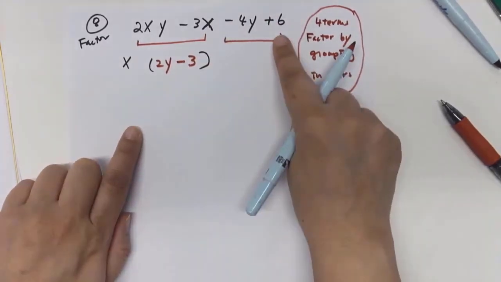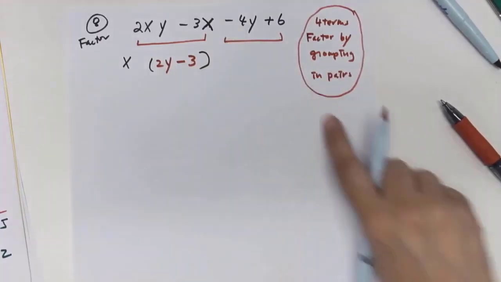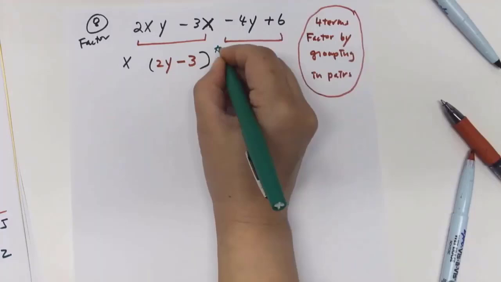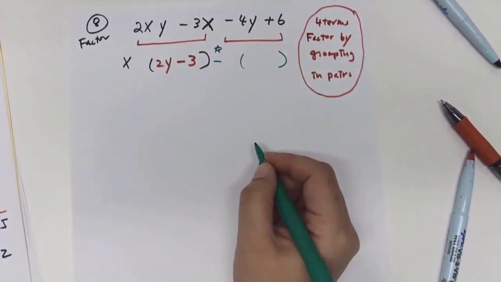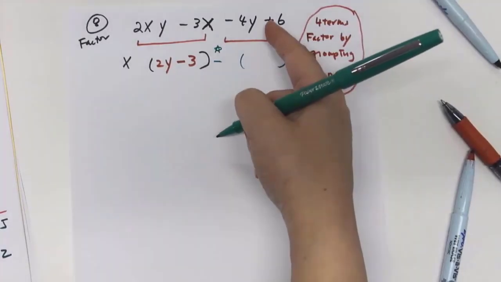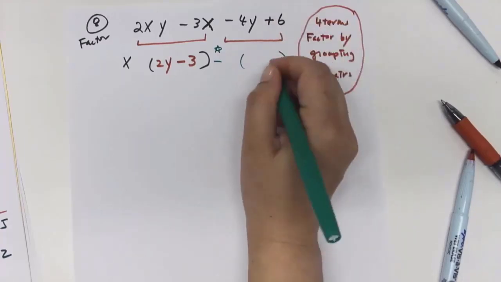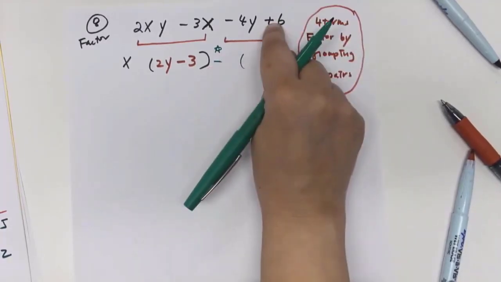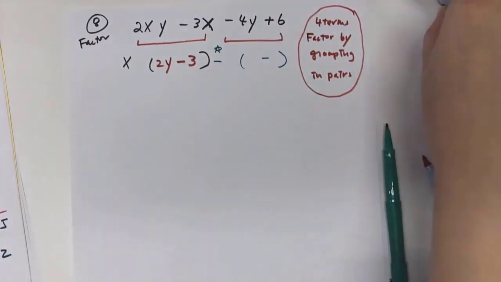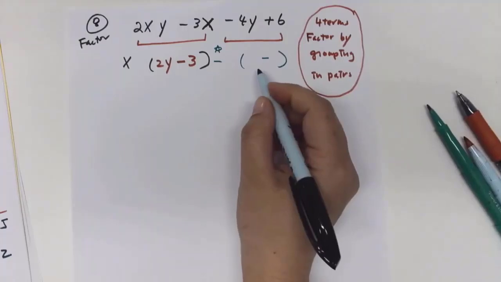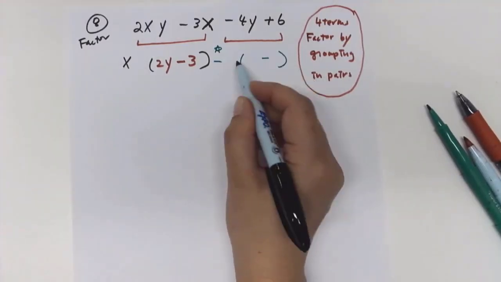Okay, and the last two terms, be careful, it started with negative, so I have to pull out the subtraction sign. When I pull out the subtraction sign, what will happen inside? This sign will be opposite, right? Because negative times negative will become positive here, right? Okay, what do they have in common? I can pull out a 2.